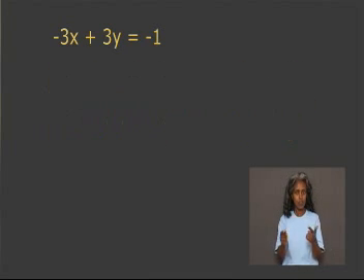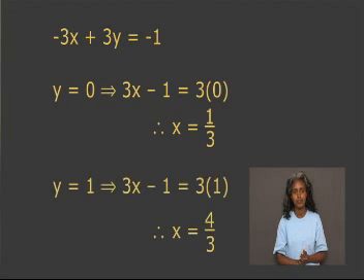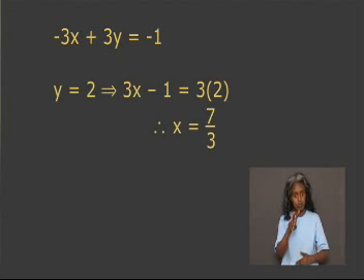Now we solve the second equation. For negative 3x plus 3y equals negative 1, where y equals 0, the equation becomes 3x minus 1 equals 0, and the value of x is 1/3. Where y equals 1, x is 4/3. Where y equals 2, x is 7/3.